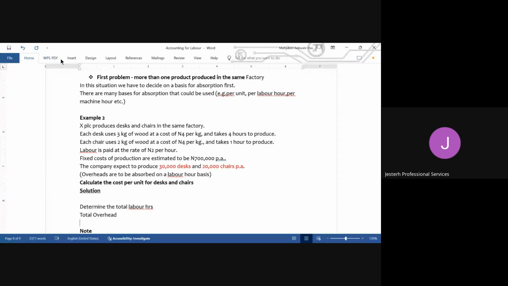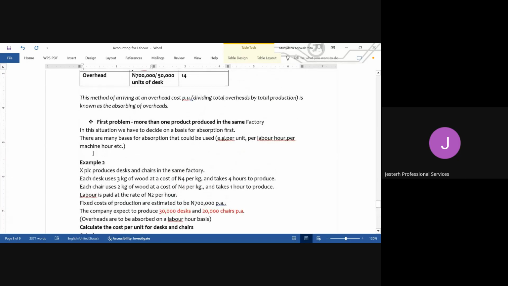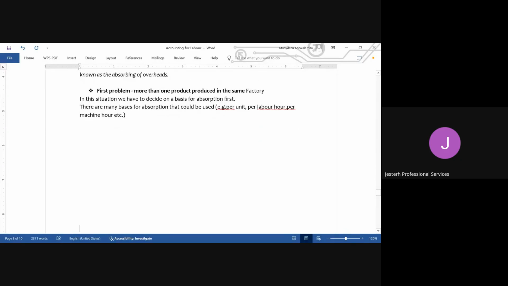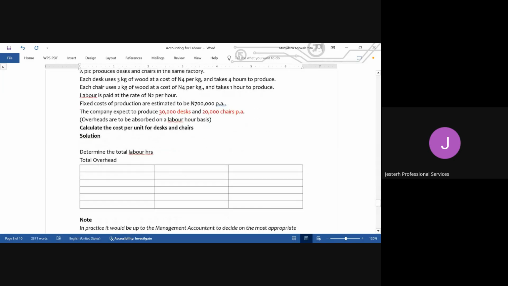It seems like this one is a little long, so maybe we will continue from the next class and continue adopting our Excel approach. Let me shift this down.